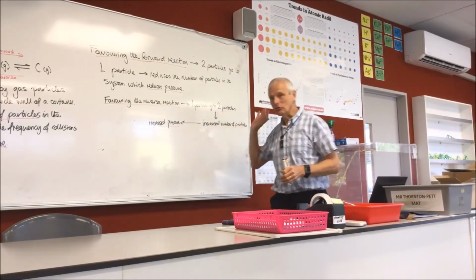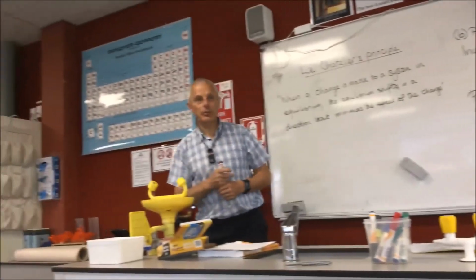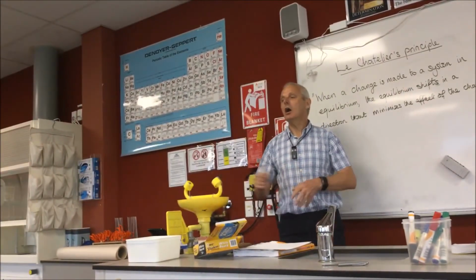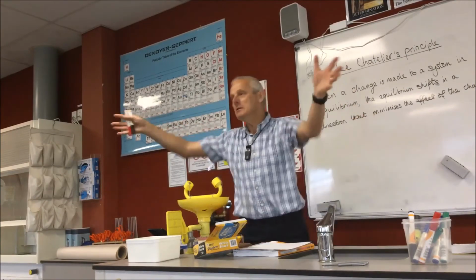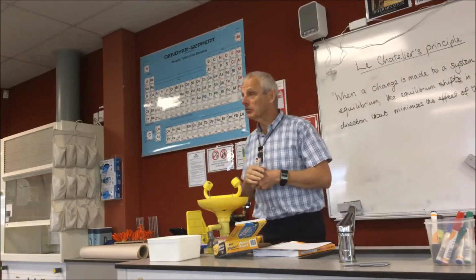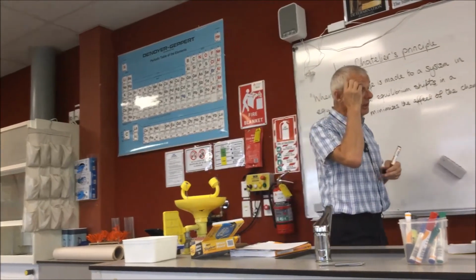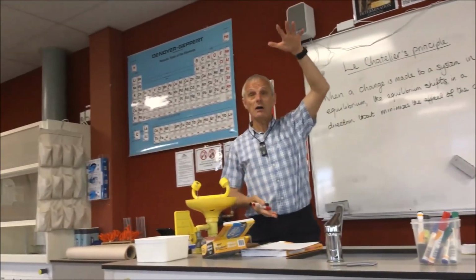With that on board, we can just apply Le Chatelier's principle. So how do we increase pressure? Well, generally, either you've got a fixed size vessel and you pump in extra reactants or products, and that will increase the pressure. Or the easier thing is you've got your system at equilibrium in a vessel and you halve the volume of the vessel. What does that do?